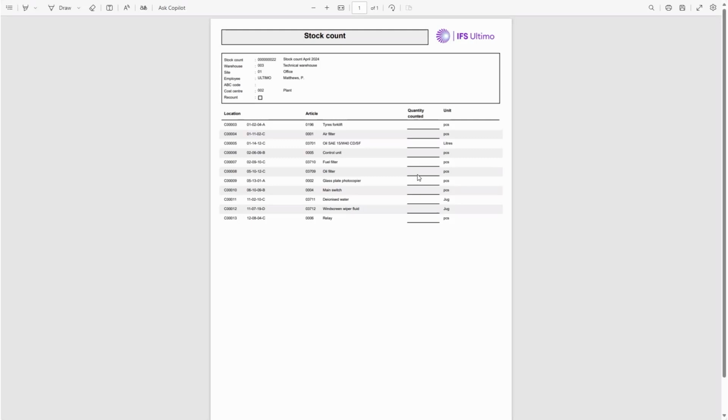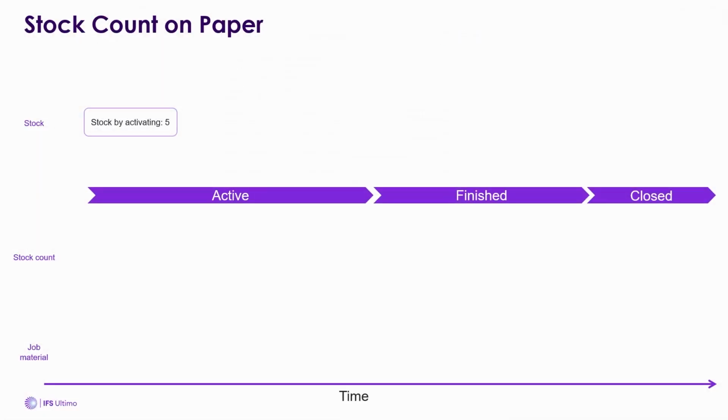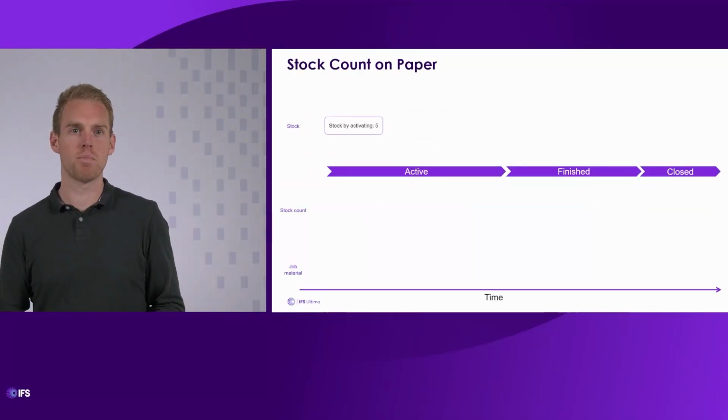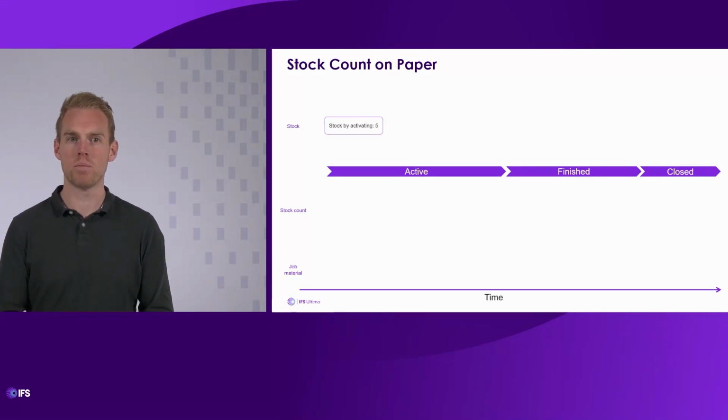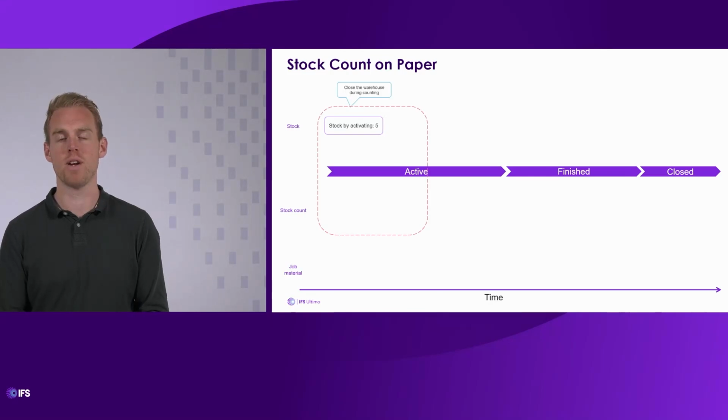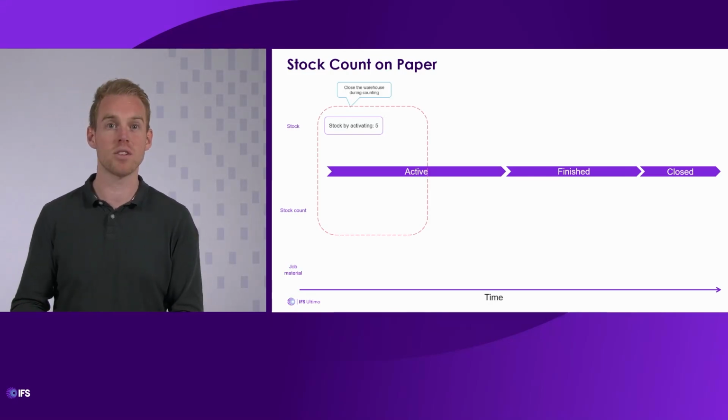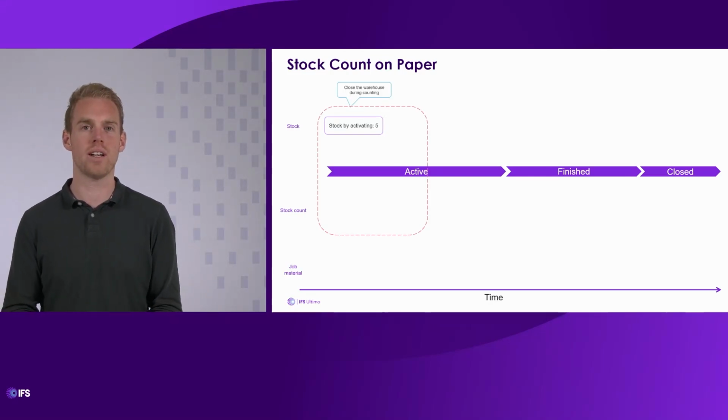So you can use this paper to do it up front, and then you can copy the data into Ultimo. But it is very important to explain the process when you process a stock count on paper. Because when you process a stock count on paper, it's very important that you block the warehouse, or close the warehouse, or at least the area that you are going to count in.